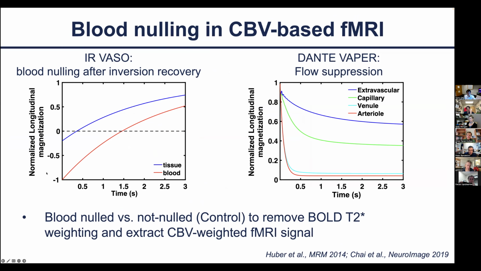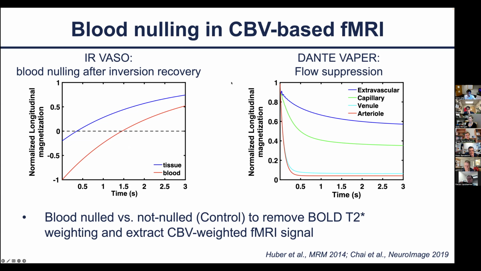You wait some time until the blood signal crosses zero, and then you measure the residual tissue signal, which is sensitive to CBV changes. In VAPER, we use DANTE, which is a flow suppression module. It suppresses the blood and we measure the residual tissue signal, which is also sensitive to CBV changes.